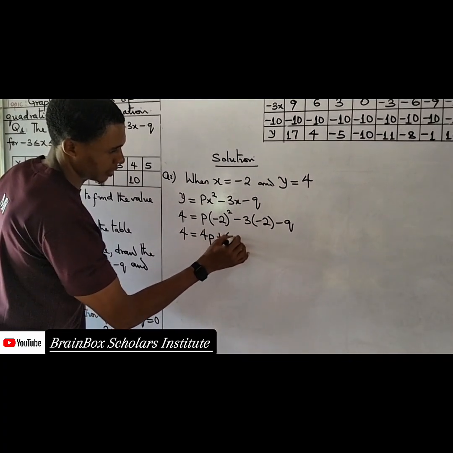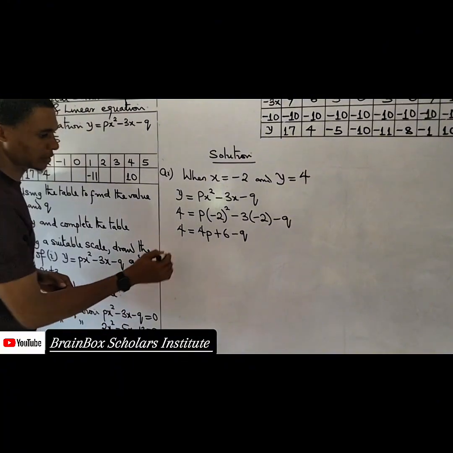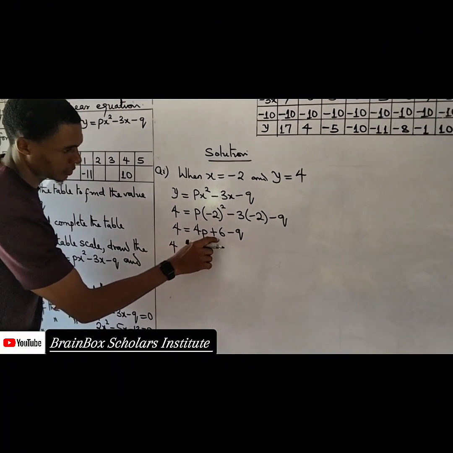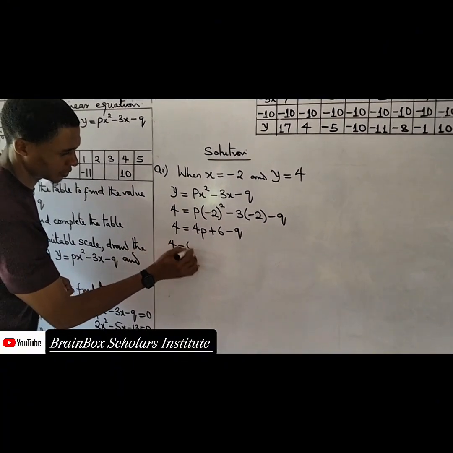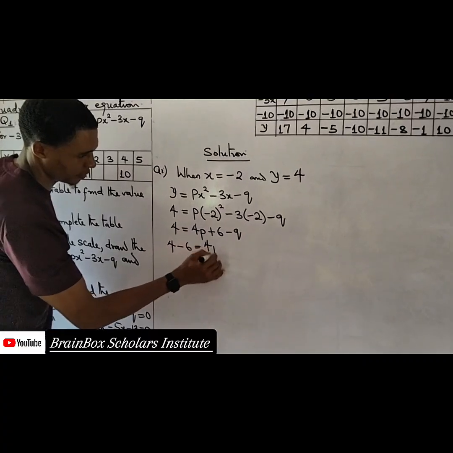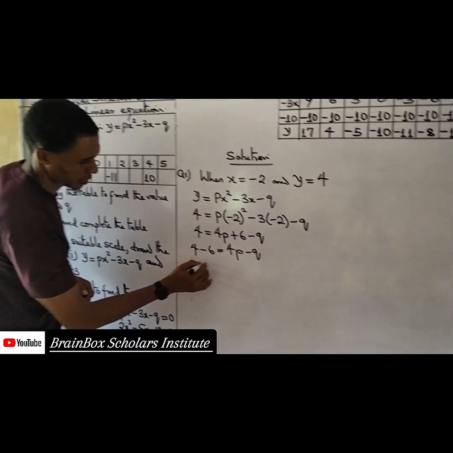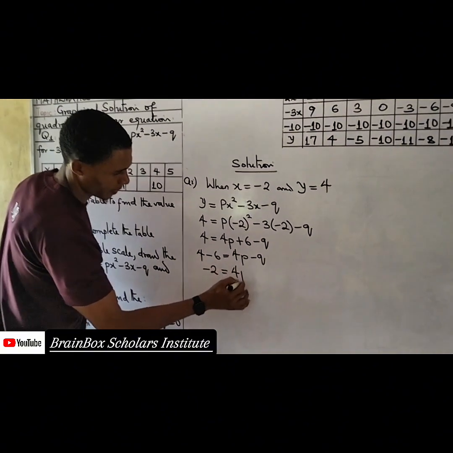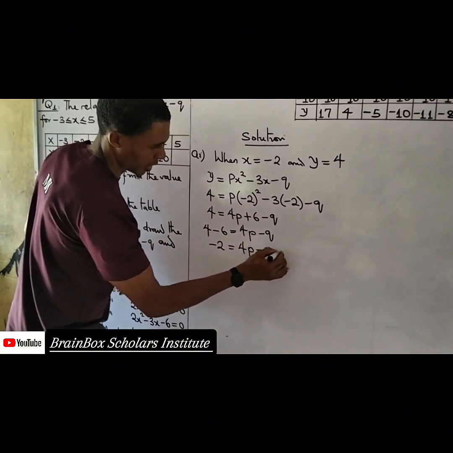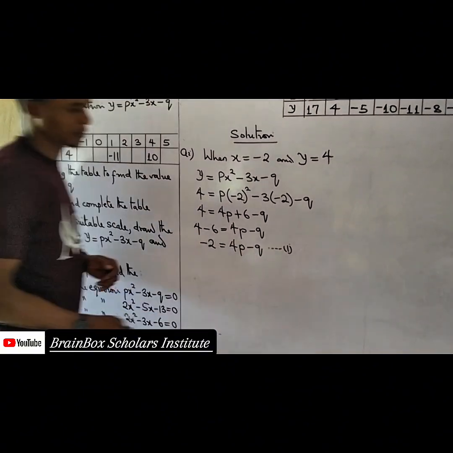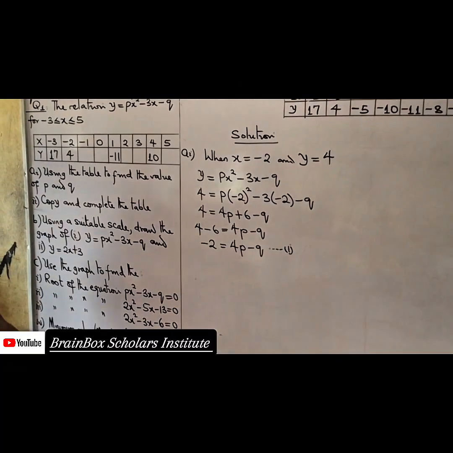Then minus q. I'll collect like terms. So 4, this will cross over and I have minus 6. So I have 4p minus q. Then 4 minus 6 is minus 2 is equal to 4p minus q. And that's equation 1.